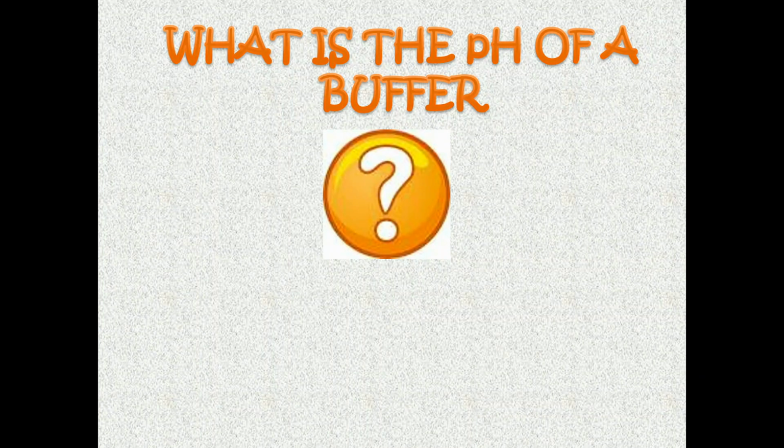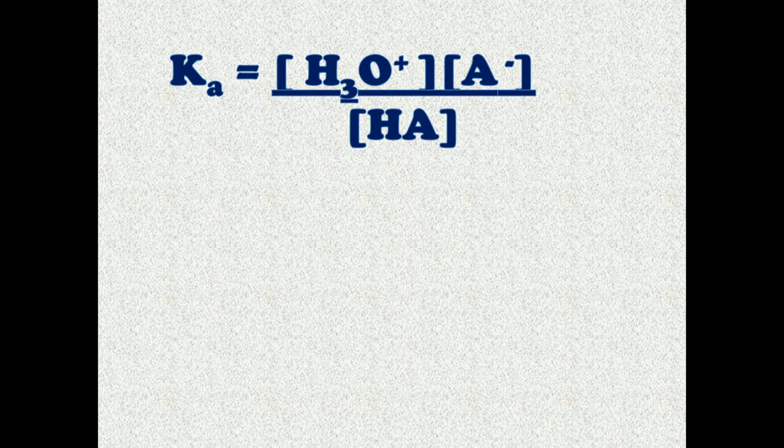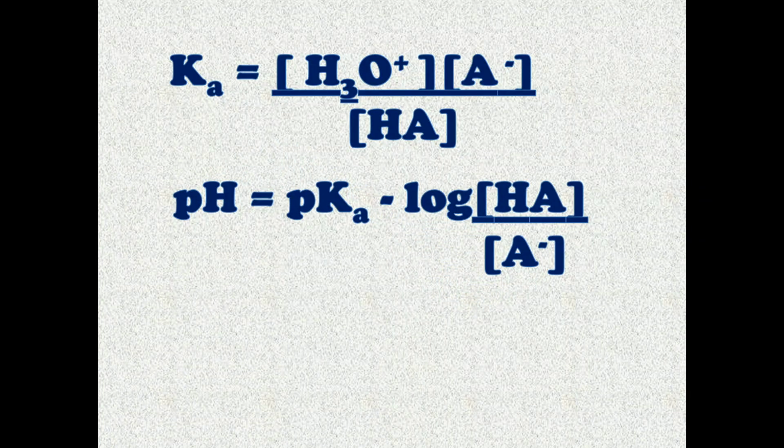What is the pH of a buffer? Well, we did it with ice boxes. Let's find a cheat so we don't have to do an ice box. Ka is H plus times A minus over HA. If I take the negative log of both sides and I rearrange it, it says that pH is equal to pKa minus the log of the acid over the base concentrations.